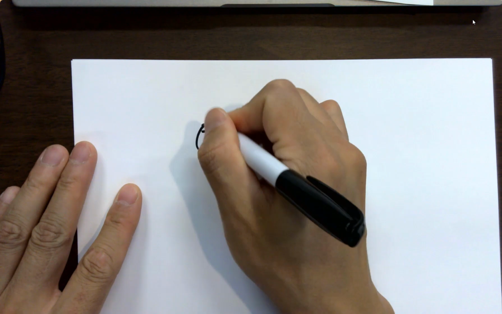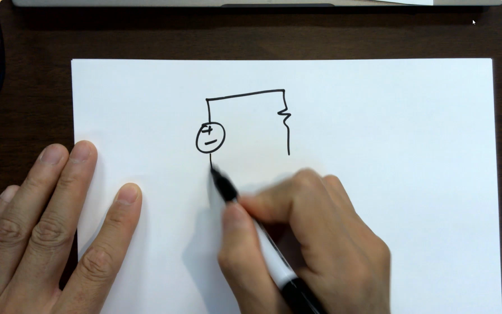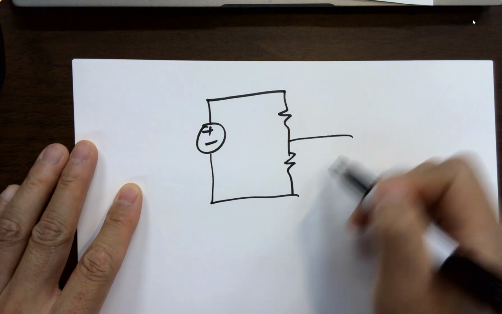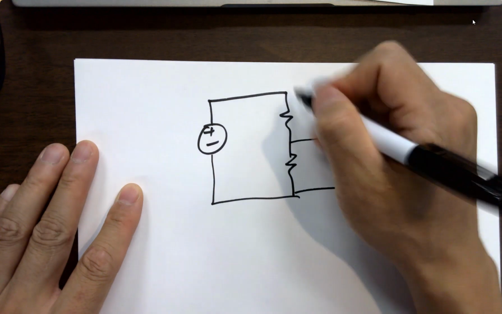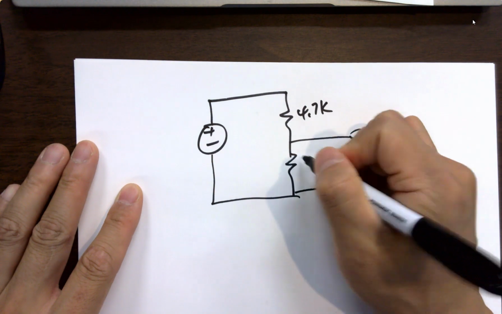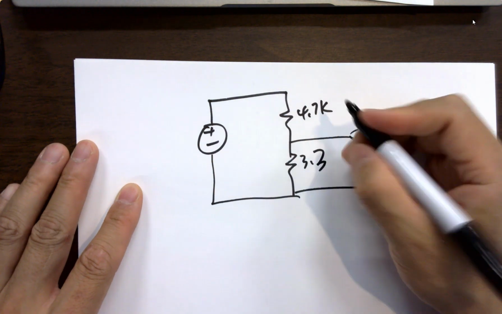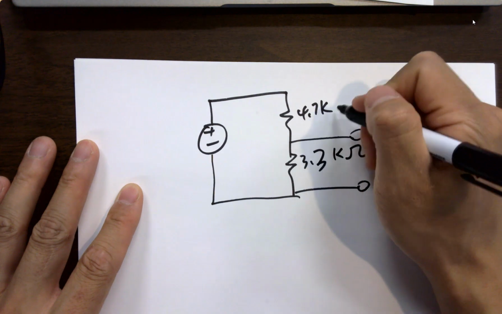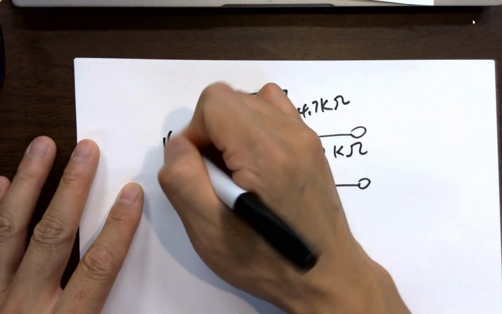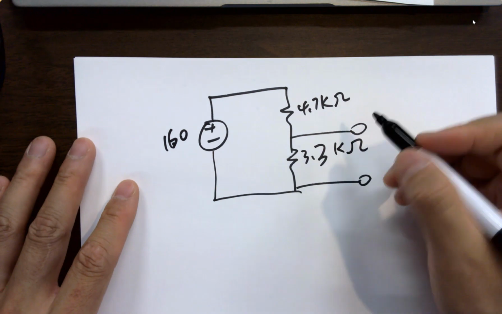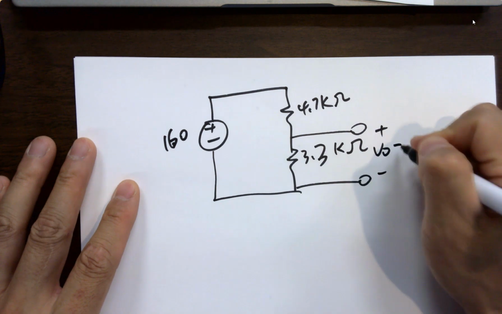So come back to this problem. Voltage divider, right? Now let's make it simple. 4.7K, I'll directly write it down, okay? Since we already went through that voltage divider theory so many times, I'll just let you tell me. VO is what?